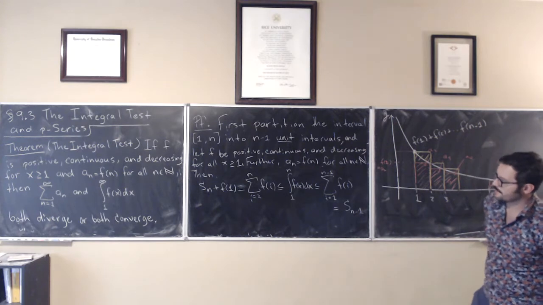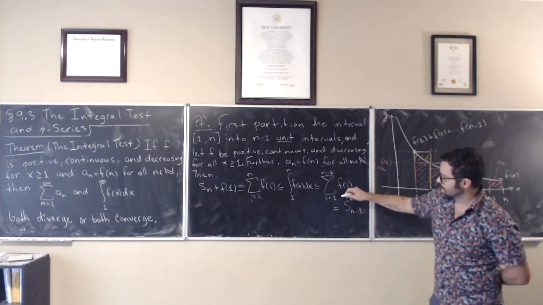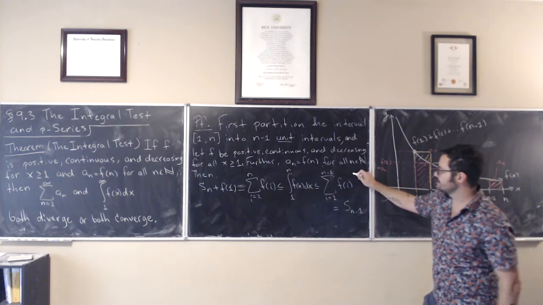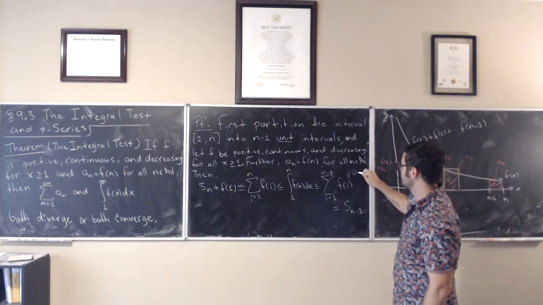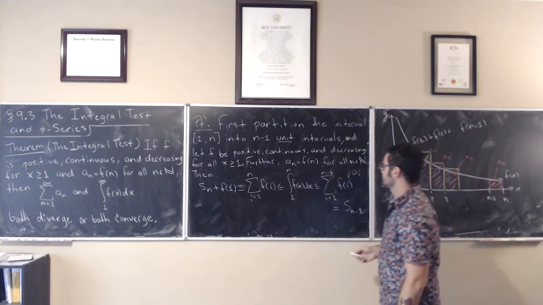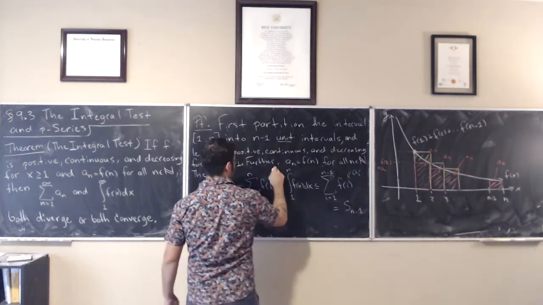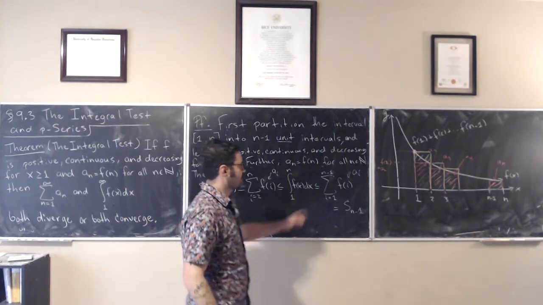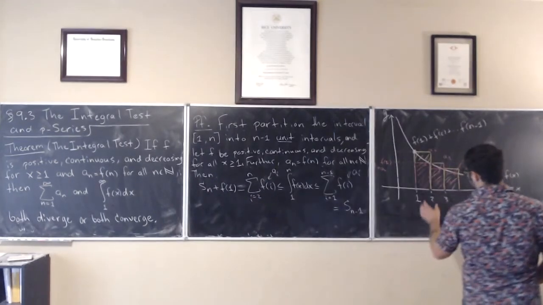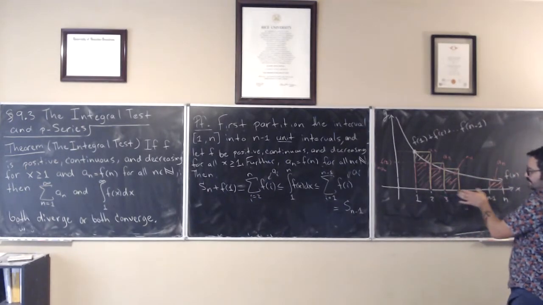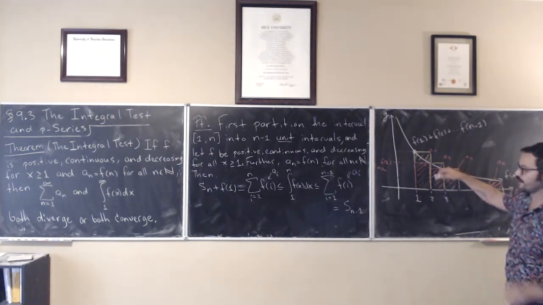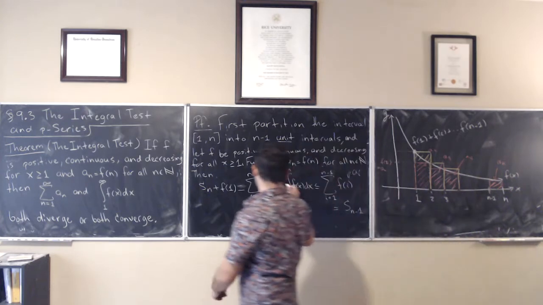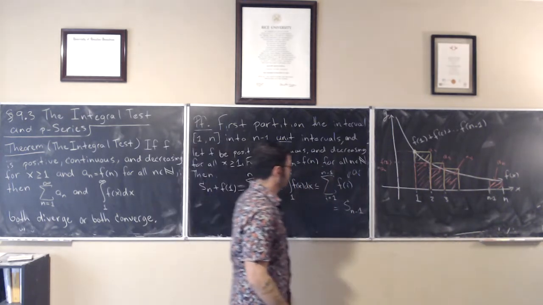You see that? And this is the sum of f sub i, but really this is equal to a sub i. And this is really a sub i because they're equal for each of those natural numbers. And we chose it to have unit length on the x-axis. So when you make these rectangles, it's just the height of the rectangle, which corresponds precisely to these values.